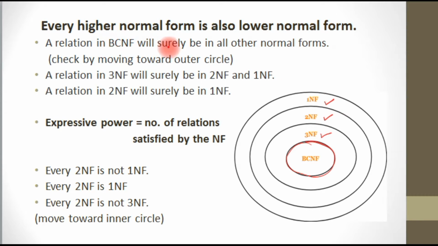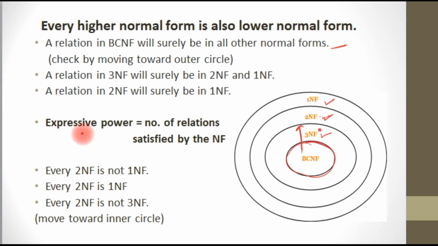So a relation in BCNF will surely be in all other normal forms. Check by moving toward the outer circle, so go upward and check. If a relation is in 3NF, then it will surely be in 2NF and 1NF. A relation in 2NF will surely be in 1NF.